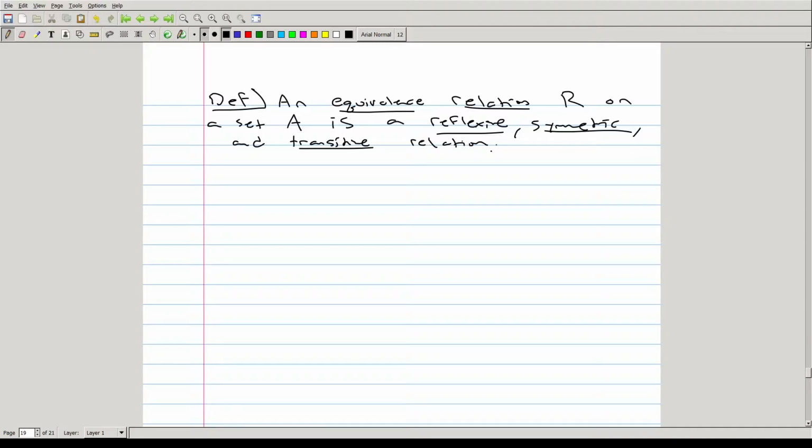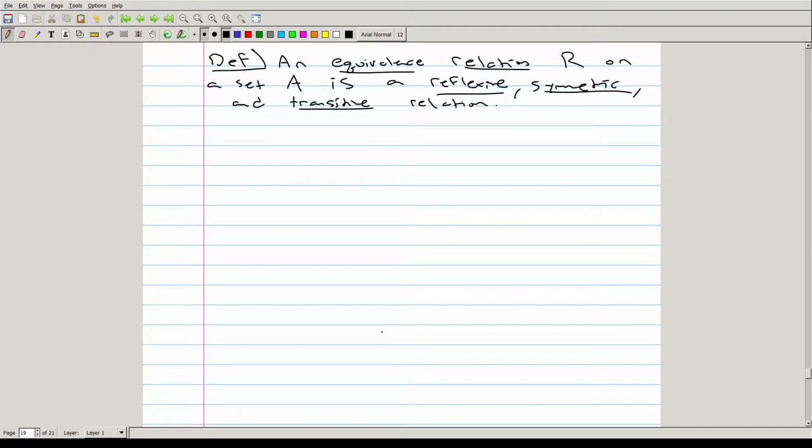So it's a relation that has the properties of reflexivity, symmetry, and transitivity. These are super important in constructing new mathematical sets, and also understanding additional properties of relations and connectivity. And I'll illustrate this by giving a number of different examples of this.